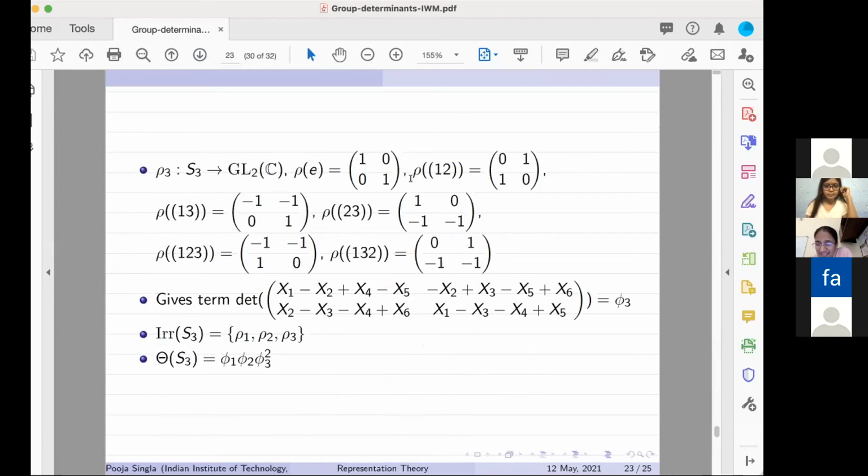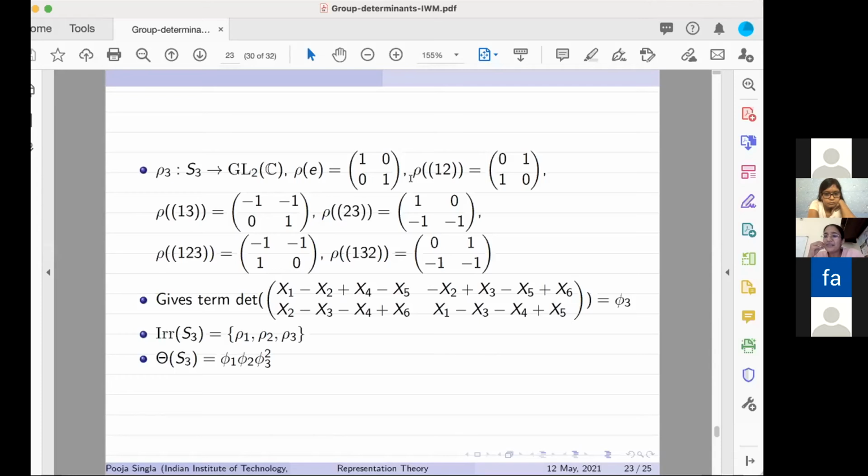Somebody else has also asked, a question by Aditya: if we know the group determinant of a group G, can we say something about the group determinant of a group that contains G? Maybe in certain cases, but not always.